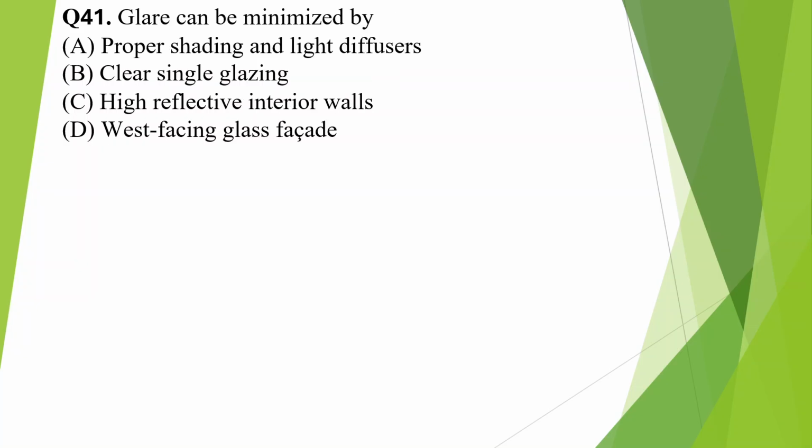So with this, I will proceed to question 41, which is asking you about glare, which can be minimized by proper shading and light diffusers, or clear single glazing, or option C high reflective interior walls, or option D west facing glass facades.